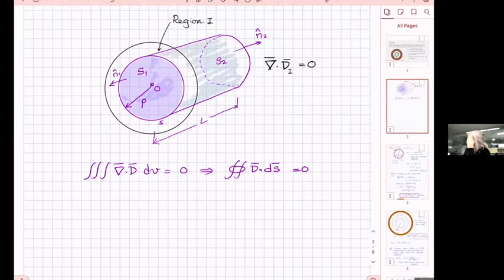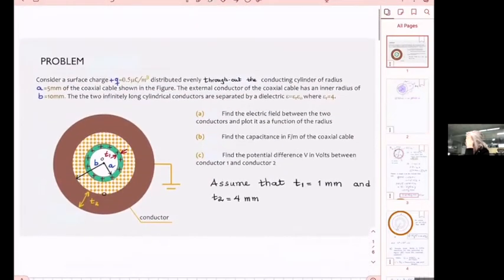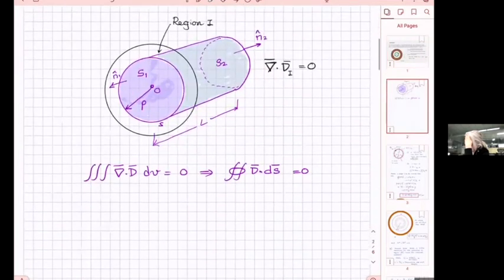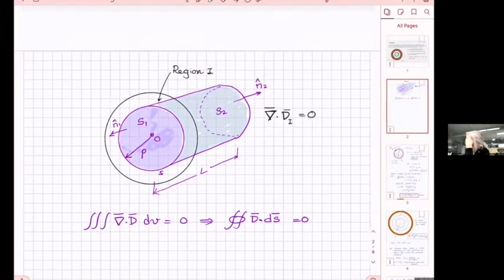Now, let's try to find what will be the direction of the electric field. Since this one has a cylindrical symmetry, the electric field in this one, and therefore the electric flux density, will be along the rho direction.